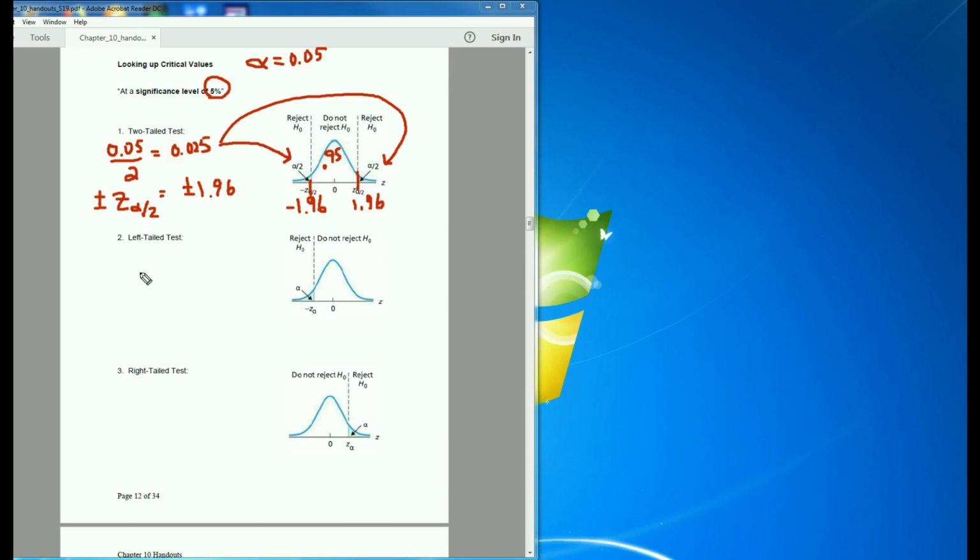So again, doing this at a significance of 0.05, so alpha equals 0.05, in this case means we are putting all of that area, 0.05, into the left tail. So all of the 0.95 then is the rest of it.